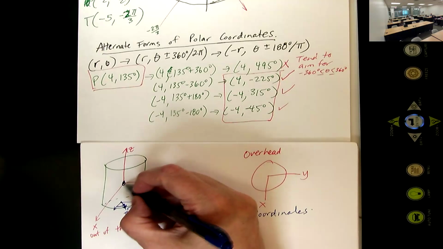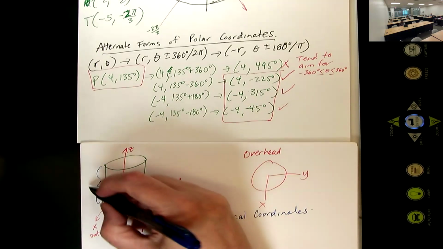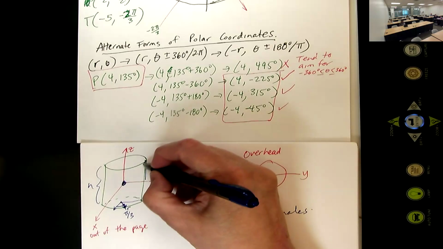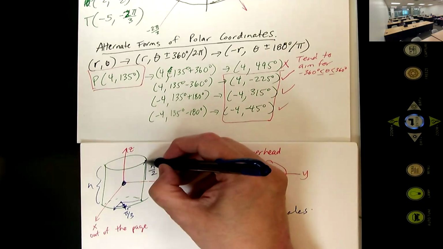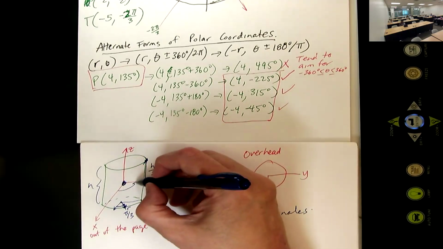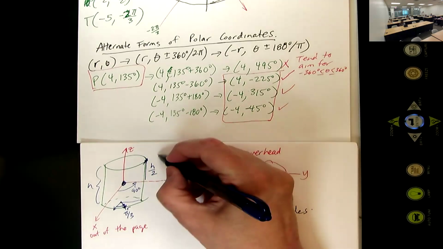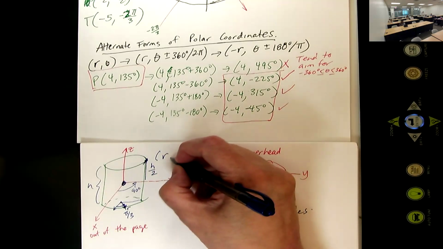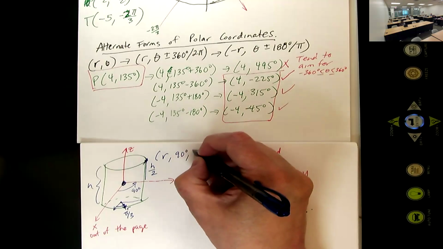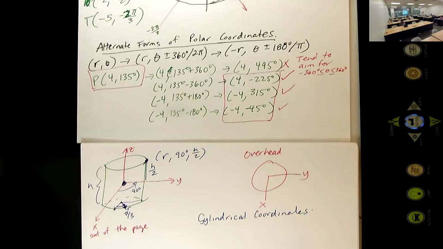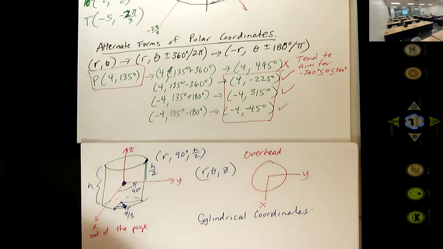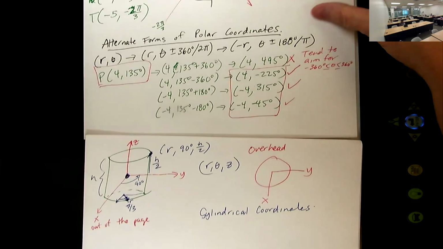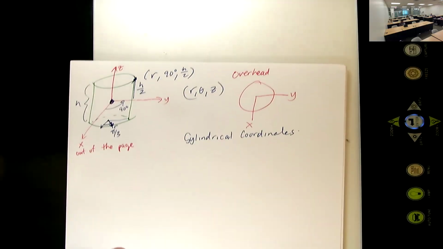If this full thing is H and this is at the center, then half the distance is H over 2. This point directly above the y-axis would be 90 degrees. So this point would be R, whatever the radius is, 90 degrees, and then H over 2. So it goes R, theta, Z. Z is for height. That's cylindrical coordinates, you're not gonna see it again until Calc 3. But we do a lot with it, so this stuff does come back.